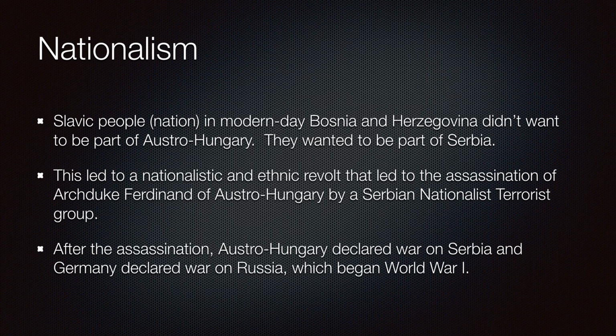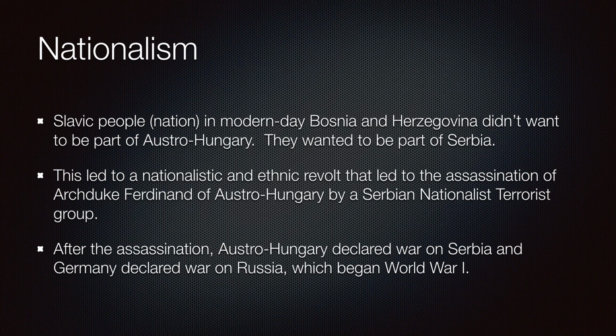So the Slavic people, they were a nation of Slavs, but they're located in modern-day Bosnia and Herzegovina. They were under the rule of Austria-Hungary during this time, but they were not happy with that. They wanted to be a part of Serbia because most of the Slavic people like them were in Serbia.